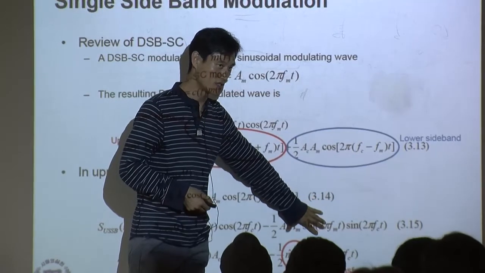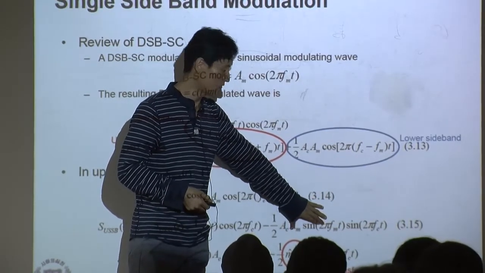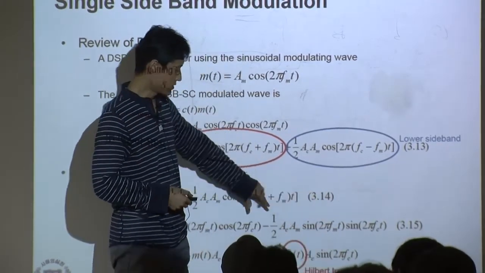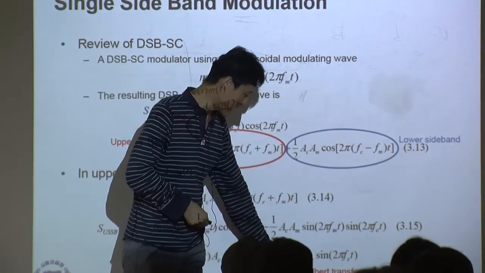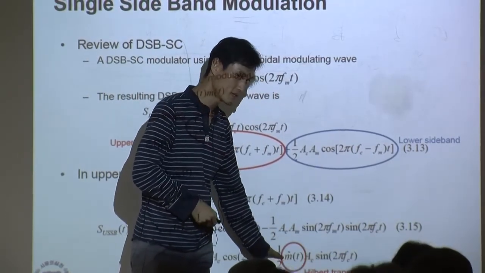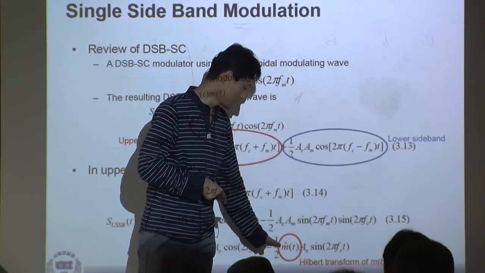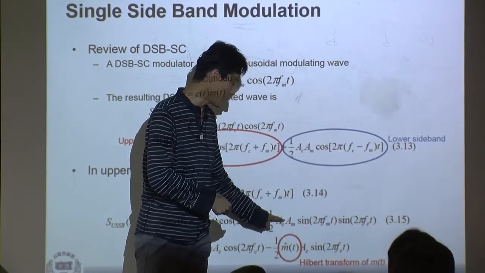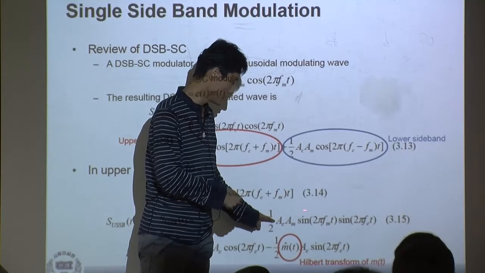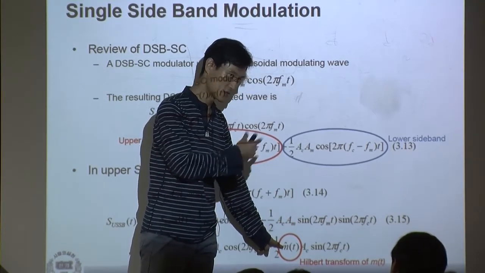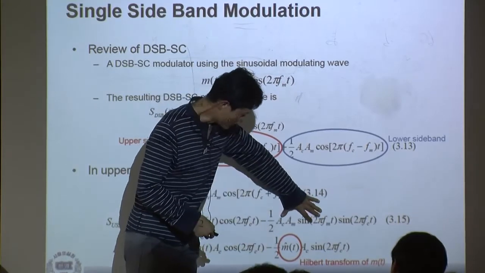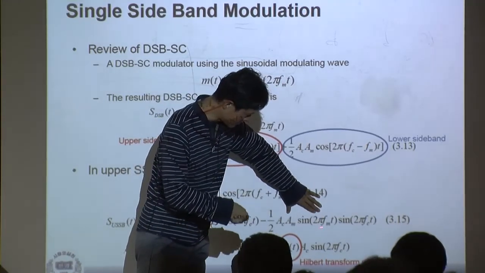So we don't know what it is yet. Let's just define this part as m hat of t. We'll talk about that in the next slide. So let's call AM times sine 2 pi FMT as m hat of t, just for discussion.